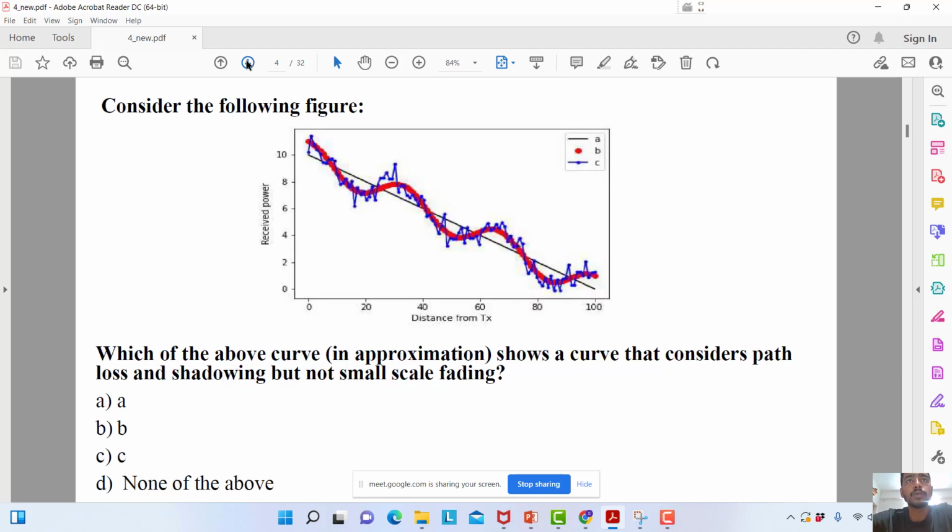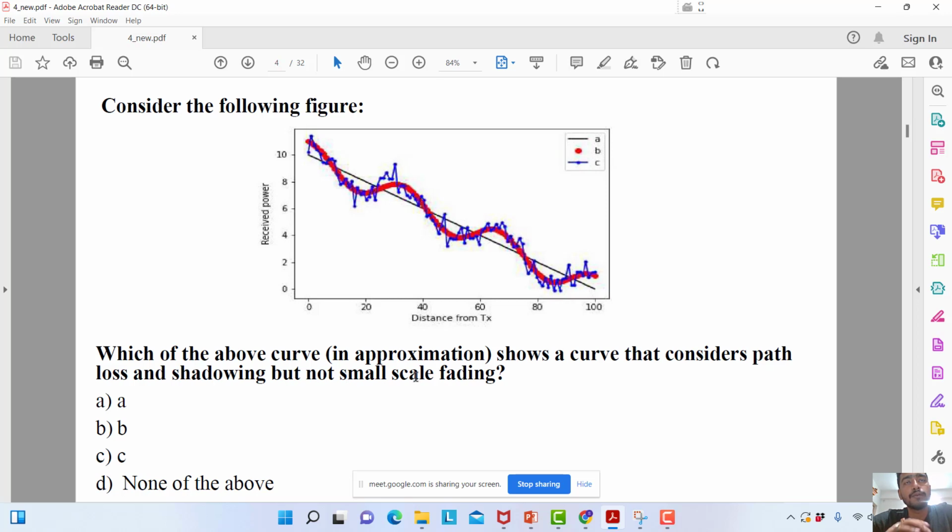The second question is based on the same concept. Which of the above curves shows a curve that considers path loss and shadowing but not small scale fading? Here we include shadowing also. We have three curves, black, red and blue. We have to tell which has the path loss and shadowing.